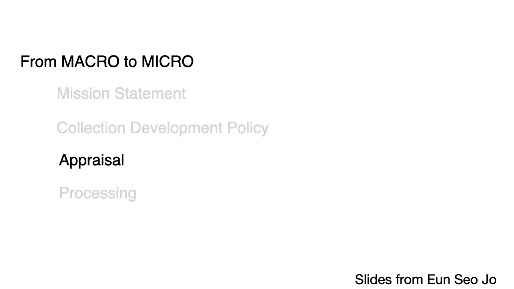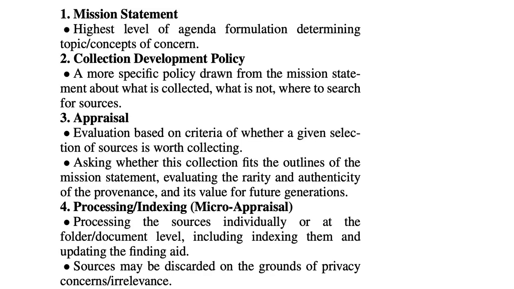Then there is an appraisal process that happens for each document, appraising whether or not it should be part of the archives. And then each document is processed. So there's a macro big picture first, and then there is a micro plan that is created based on this macro big picture. This is just summarizing from our paper.